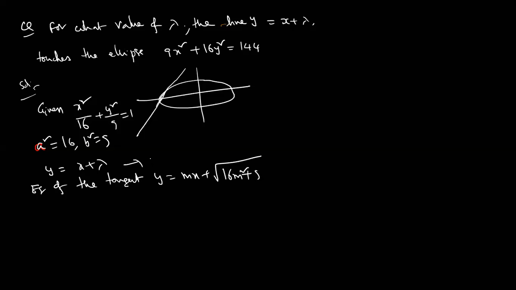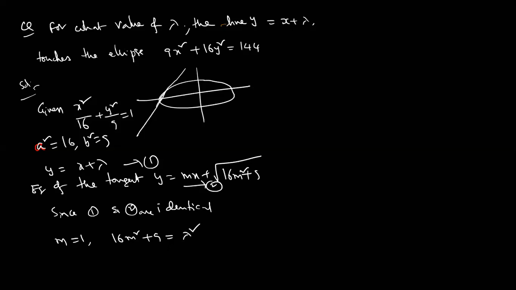Comparing these two, they are identical. So m is 1, dear students. So 16 m square plus 9 is equal to lambda square. So lambda square is equal to 25. Lambda is plus or minus 5. That is the answer.